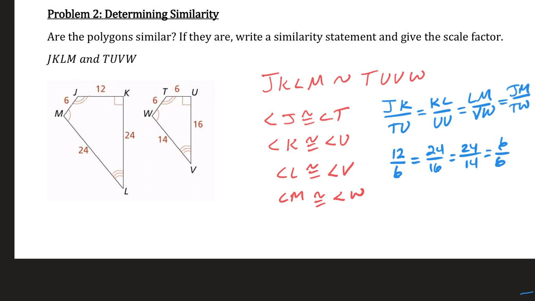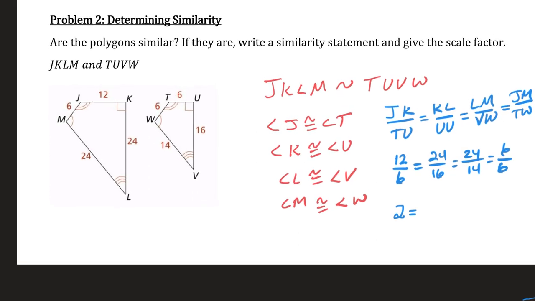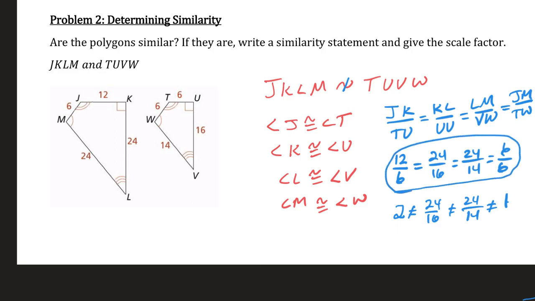Now I'm going to simplify the fractions. So we have 2, 24 over 16, 24 over 14, and 6 over 6, which is 1. So that's not true. So they're not proportional. These two polygons are not similar. They have to have the same ratio, and they didn't.